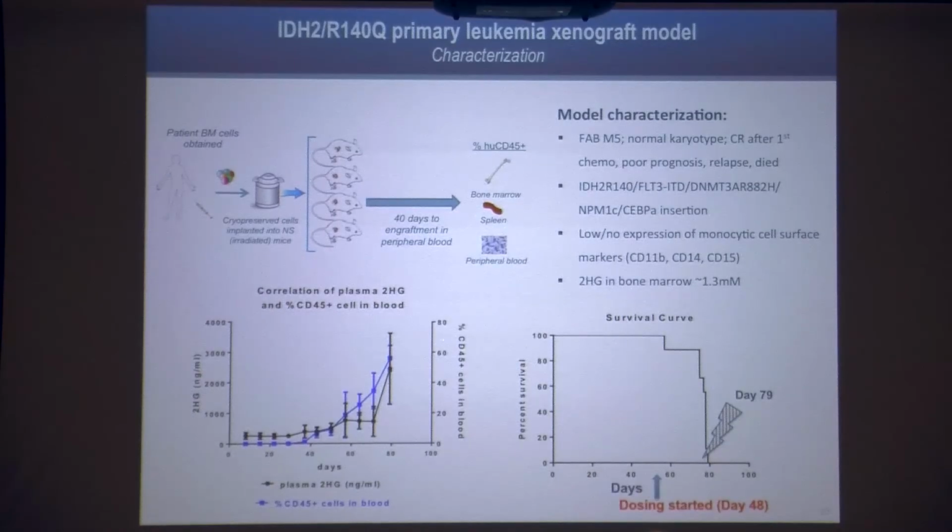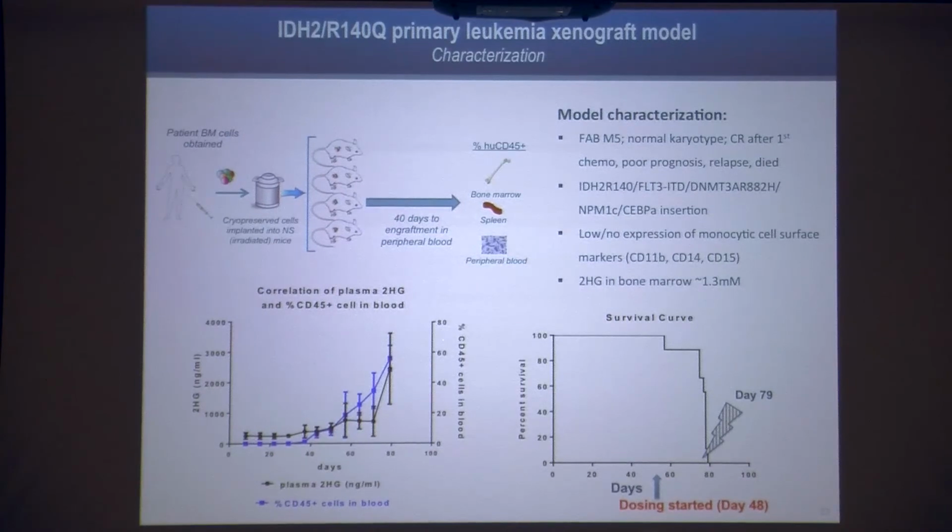So we set up to do the experiment, and this experiment is we take a patient's primary bone marrow, which is where the tumor resides, and we inject it into mice through a tail vein injection. And 40 days after we inject these animals, we can see engraftment of the human tumor as a measure of CD45 in the bone marrow, spleen, and peripheral blood.